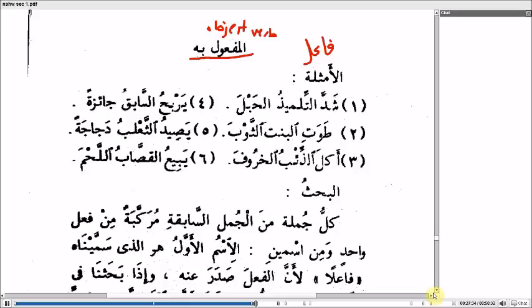Let's look at this and let's try to make a generic fa'il and maf'ulun bihi in these sentences. What do I mean by generic? Here, you have a specific fa'il, tilmiz. This one might be, these might be a little bit hard here.